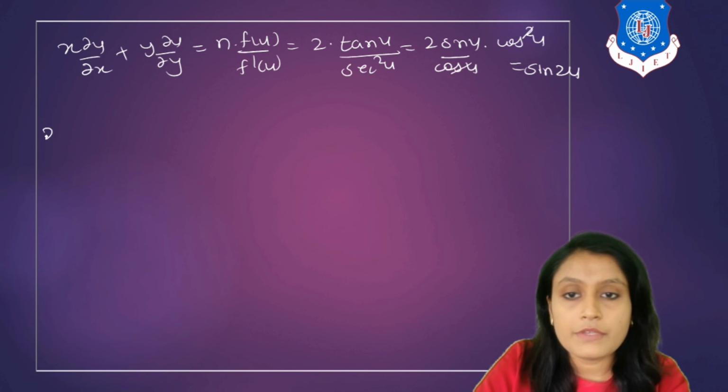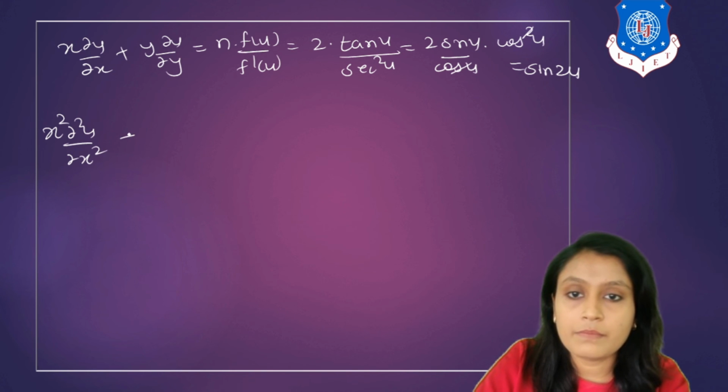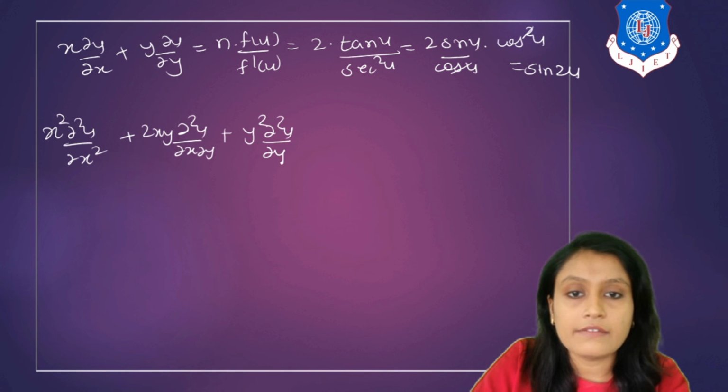Now the next step is to find x square del square u by del x square plus 2xy del square u by del x del y plus y square del square u by del y square. So the formula is what? g of u into g dash u minus 1.